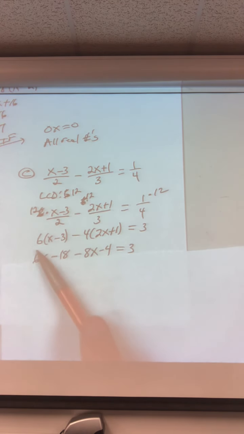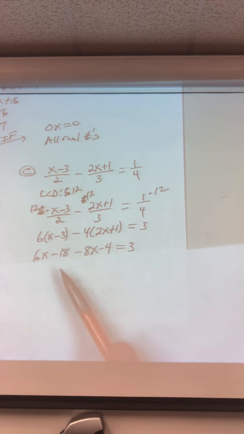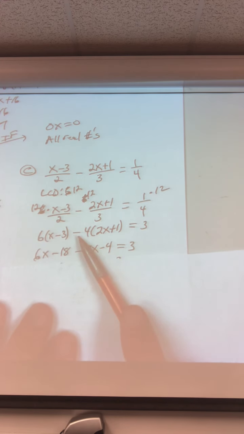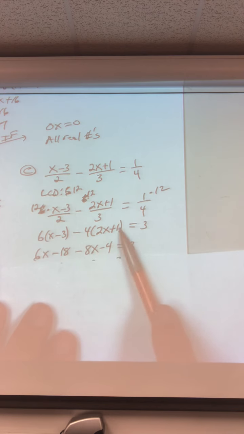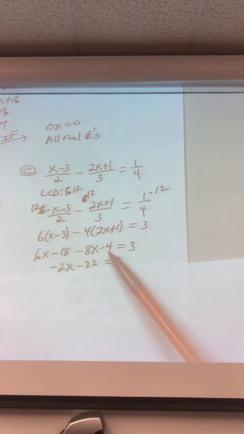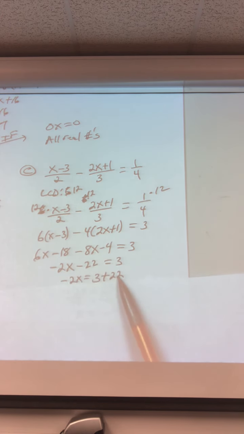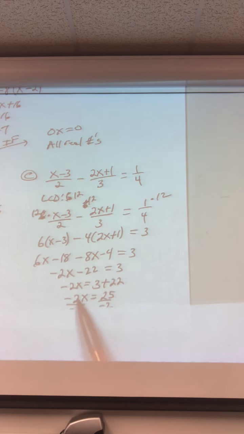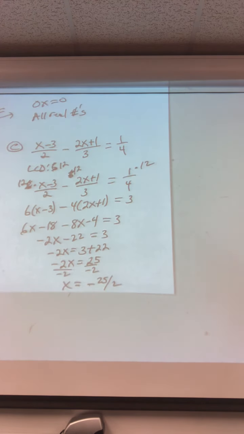Now distribute 6x minus 18. Be careful right here, you're distributing with a negative 4 times 2, and a negative 4 times a plus 1 is a negative 4. Add the x's together, 6x minus 8x, negative 2x. Negative 18 minus 4 is negative 22. Add 22 to both sides to get negative 2x equals 25, and then divide to get negative 25 over 2.